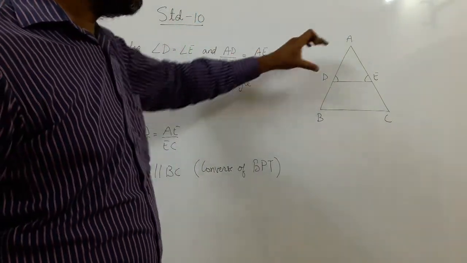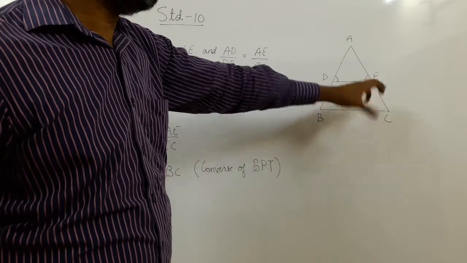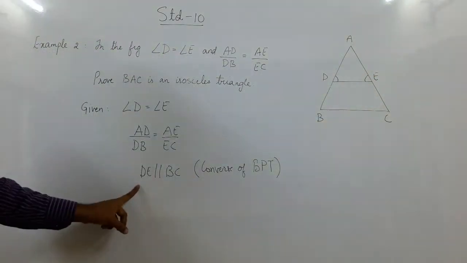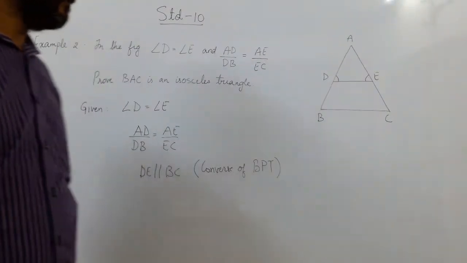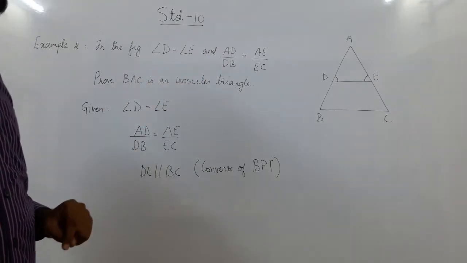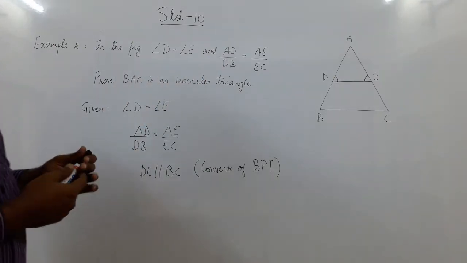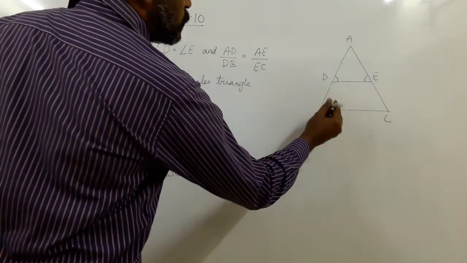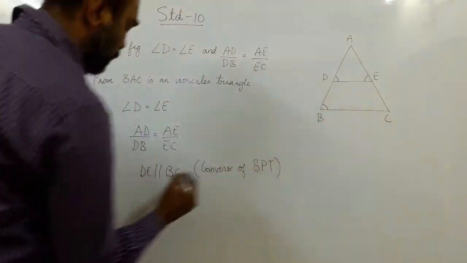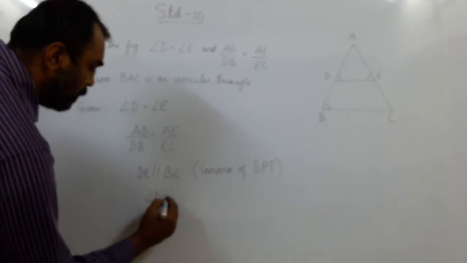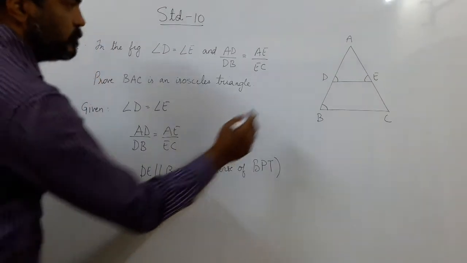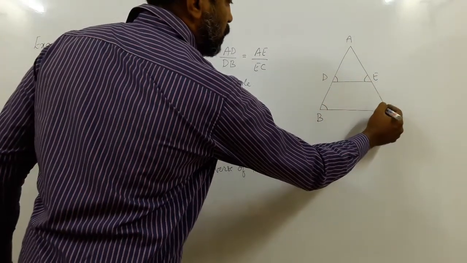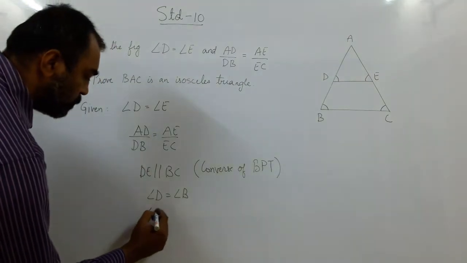And the converse: if the ratio of the two sides is equal, then the line is parallel. So DE is parallel to BC. Now if DE is parallel to BC, the corresponding angles are equal. So angle D equal to angle B and angle E equal to angle C.